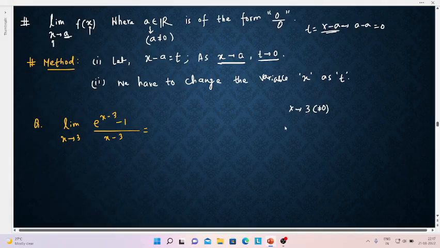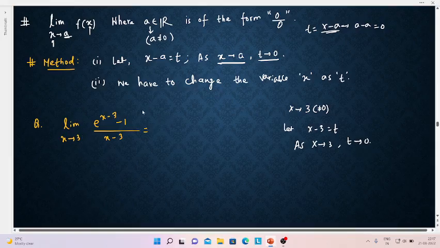So what we have to do is let x minus 3 be t. Can we say that as x tends to 3, t tends to 0, right?